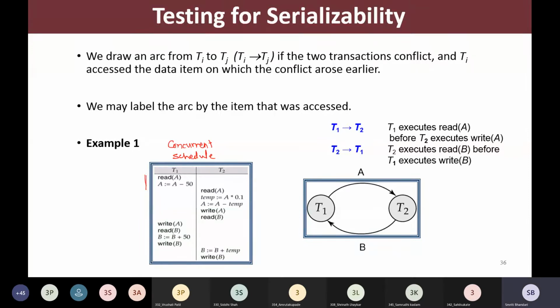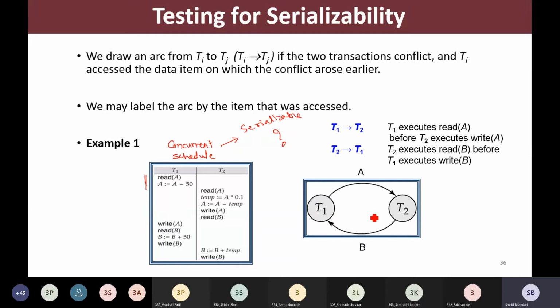And I want to test whether this schedule is serializable. So what I'm going to do is draw such kind of a precedence graph. So T1 and T2 are participating in the schedule, so I'm having two nodes or two vertices in the graph, T1 and T2.